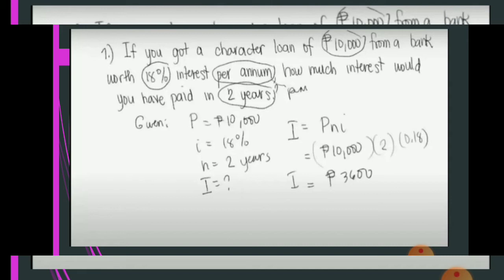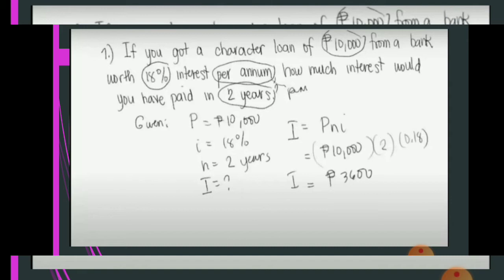So, meron tayong given dito. Ang P natin is 10,000. Yan na yung principal. Then, small letter i, yung 18%, yung interest natin. At n, number of years is 2 years.